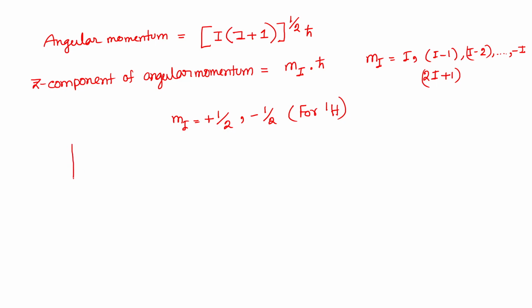Suppose these are the two spins, and let me write z. This is plus half, and this is minus half, and they could be denoted as alpha spin and beta spin. For now, we are denoting it like that.